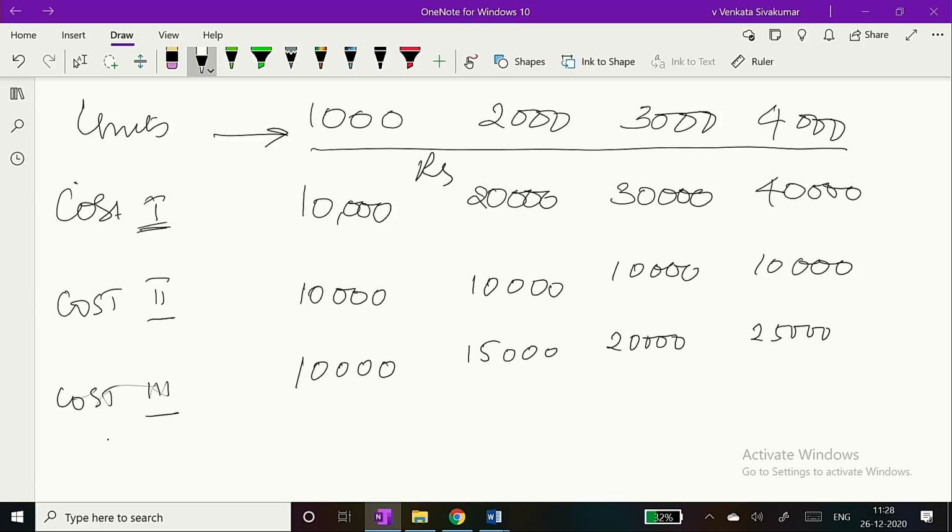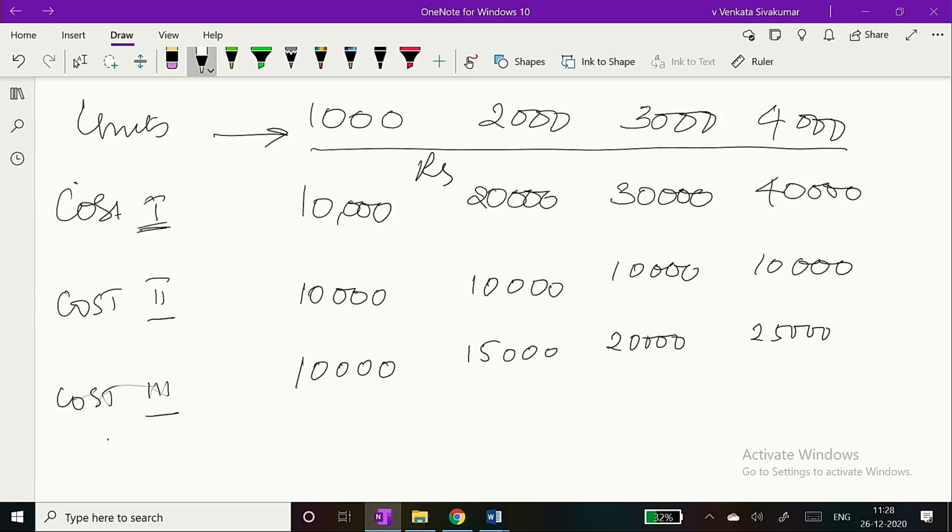Now friends, if you go through this cost 1, please note down notes. Cost 1 observations. When the production is increasing, the cost is also increasing.